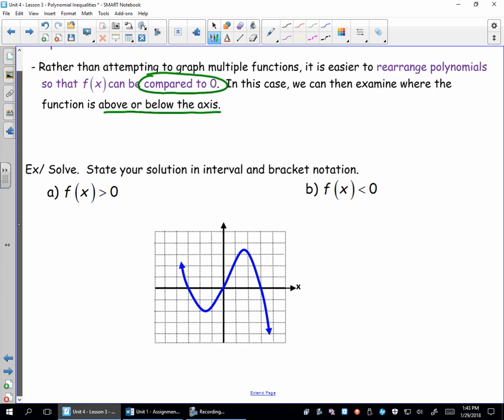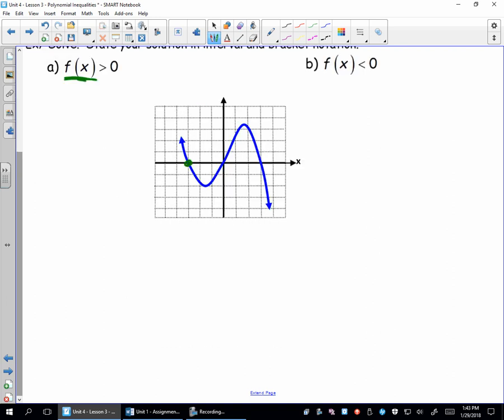Okay, so for instance, look at this graph here. I'm going to solve this. I want to state my solution. I know where the function is above 0. Well, look at this graph. Here's where I'm at 0 in these three spots. So I'm above 0 over here, and I'm above 0 right there. So what would I say?